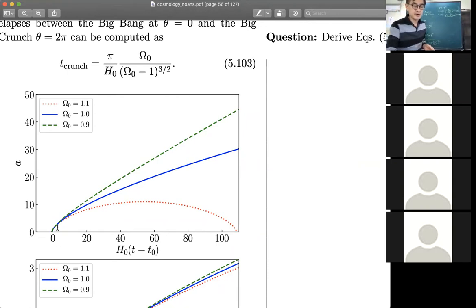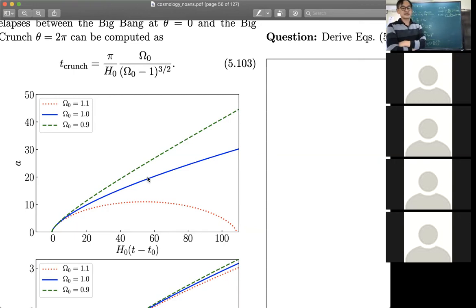And this red dot represents the so-called big crunch. Since we already discussed it, this blue thick curve is the case when omega 0 is 1.0, so a flat universe.